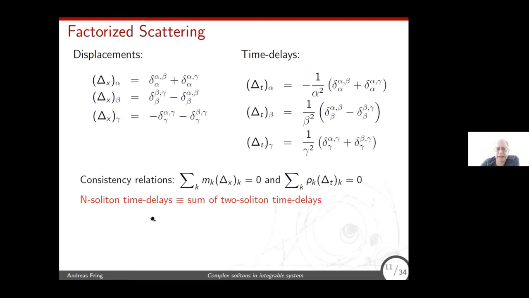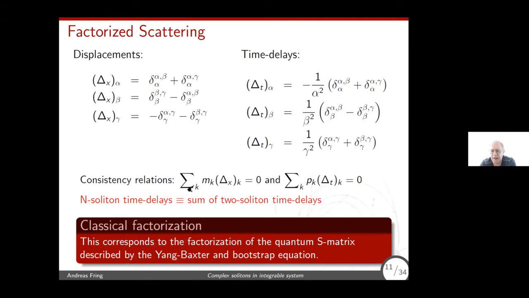So the N-soliton time delay is the sum of the two-soliton time delays. That's the result here. And in fact, that's what we know very well from the quantum field theory context. That's in fact the notion of integrability in quantum field theory, that the S matrix factorizes into two-particle scattering S matrices.